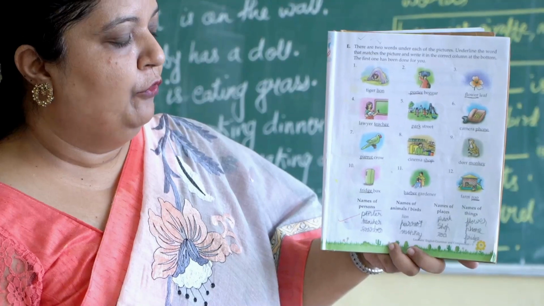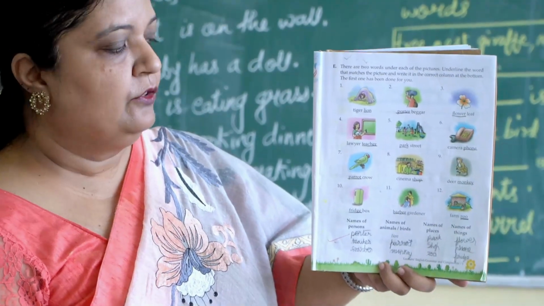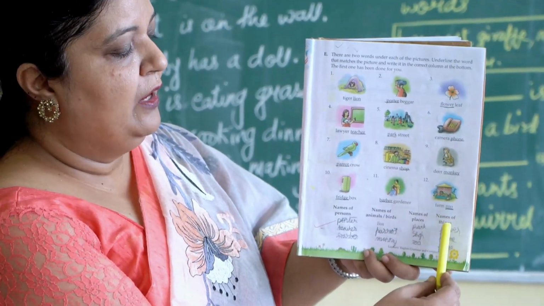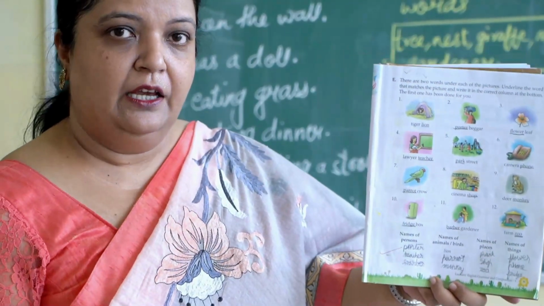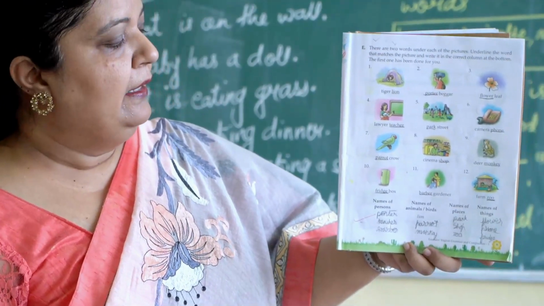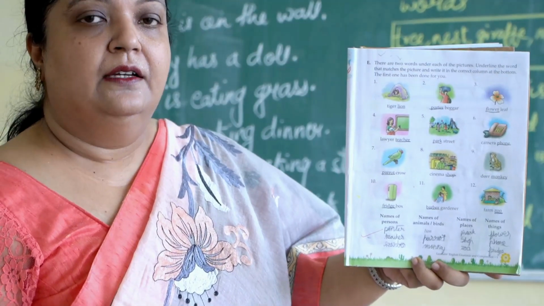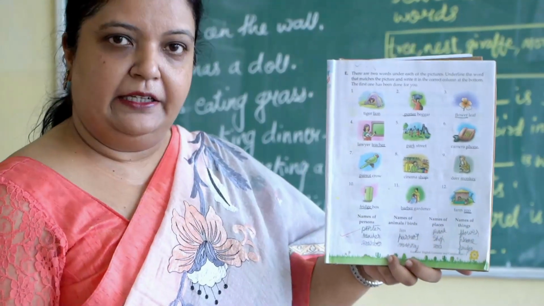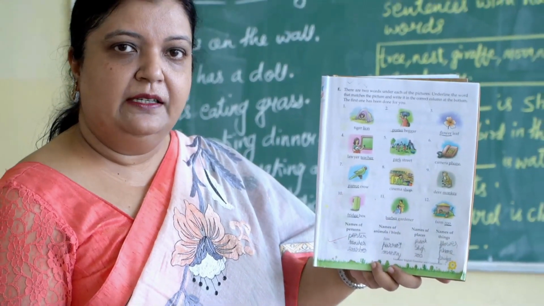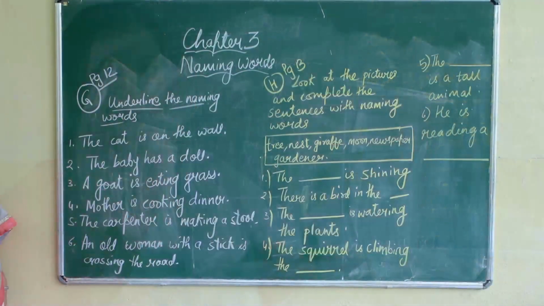You will underline phone, and it's a thing. So you will write under names of things. And so on, children. The other pictures you will see, you will identify, and then you will underline the correct naming word, and you will write under the correct heading. So this way you have to complete this exercise.